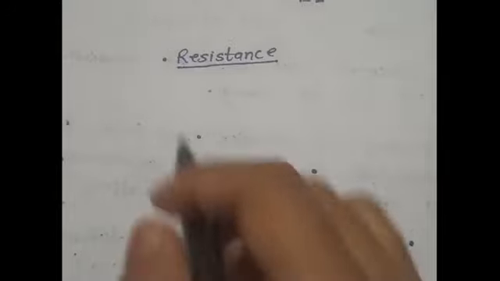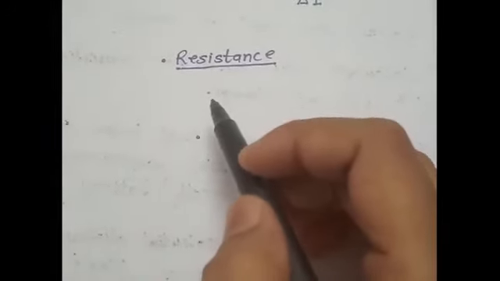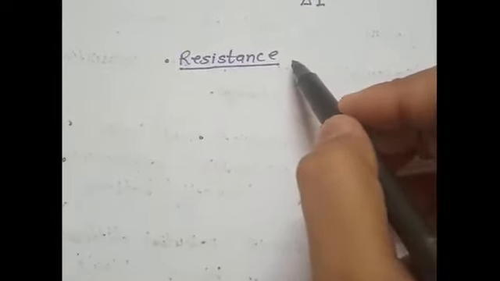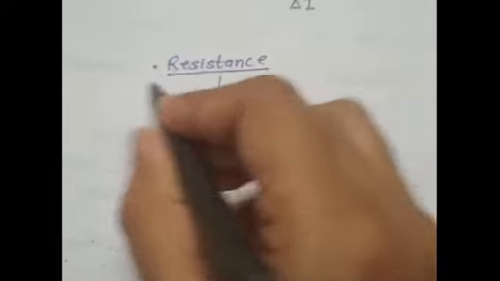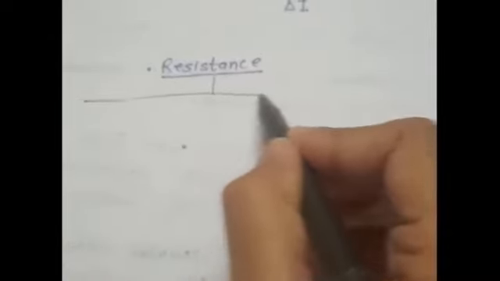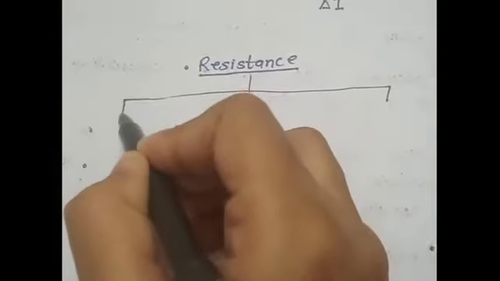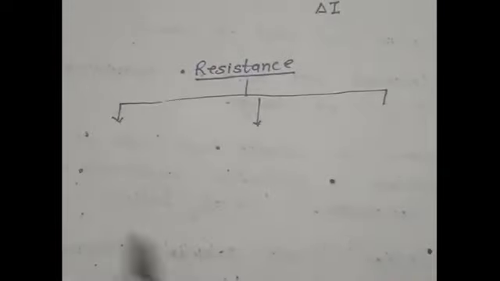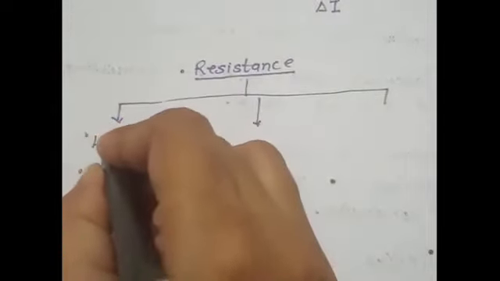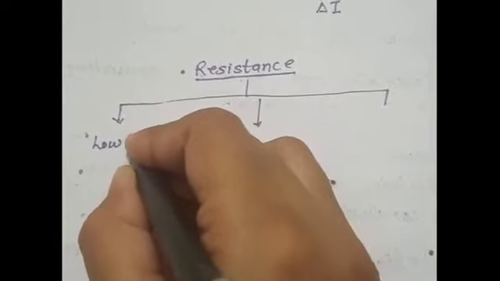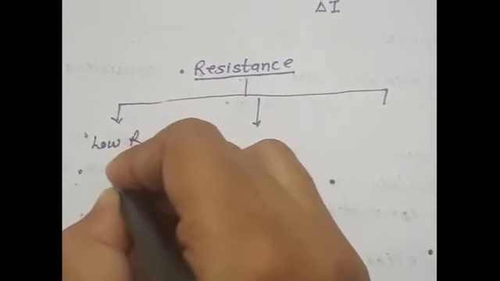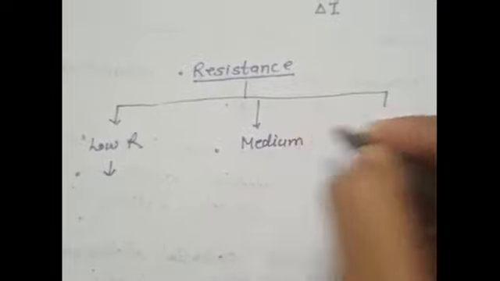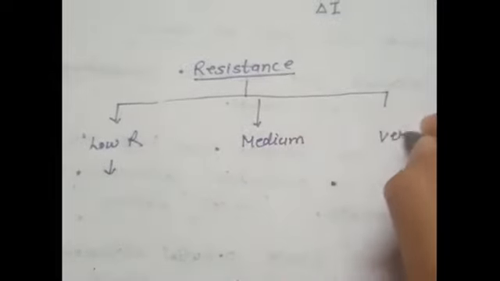And now let us see the effect of this resistance on various materials. Depending upon the value of resistance, there can be three types of materials: with very low resistance, medium resistance, or very high resistance.